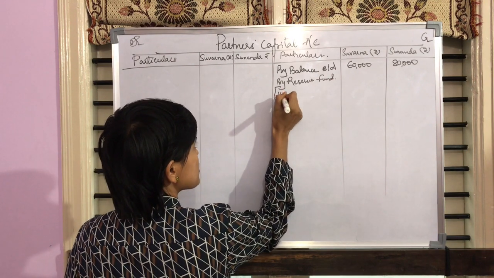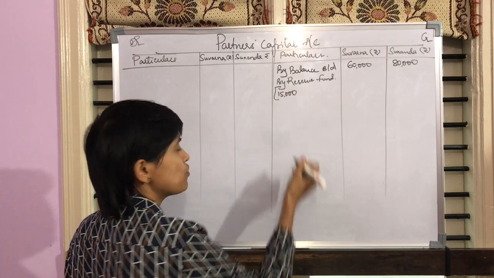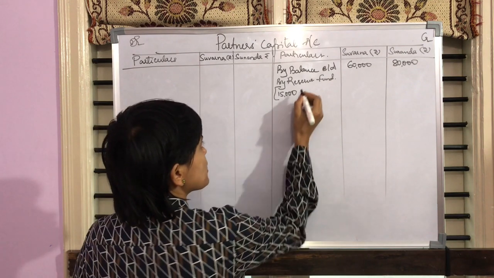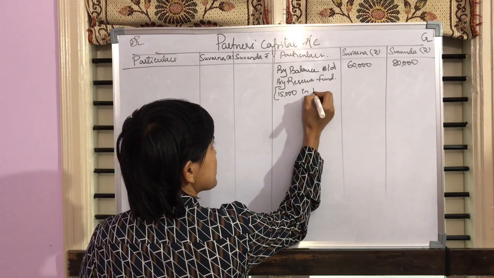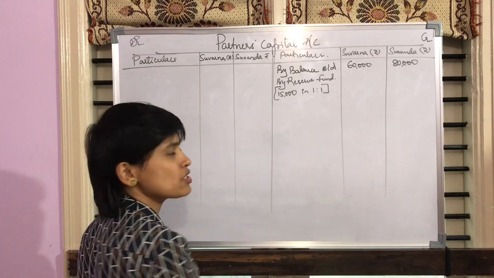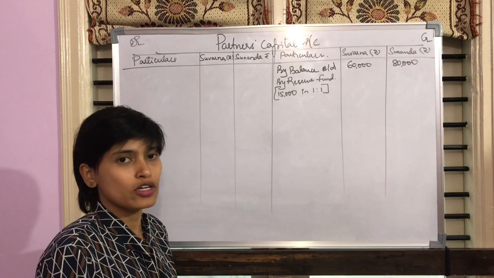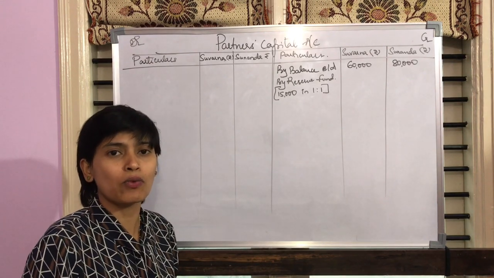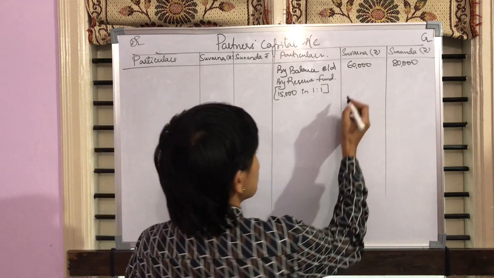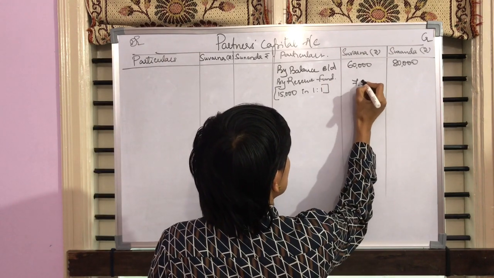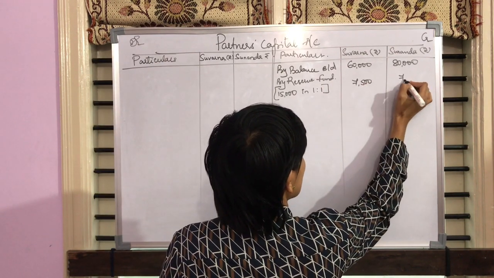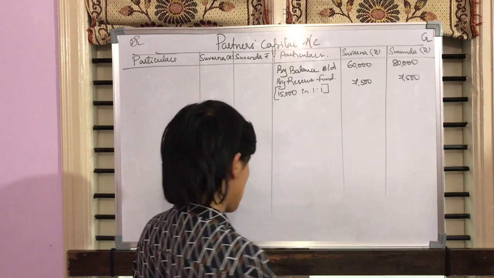The value of reserve fund is 15,000. This needs to be shared in their profit sharing ratio, which is 1:1. So 15,000 into 1 divided by 2, we will get rupees 7,500 for both the partners.